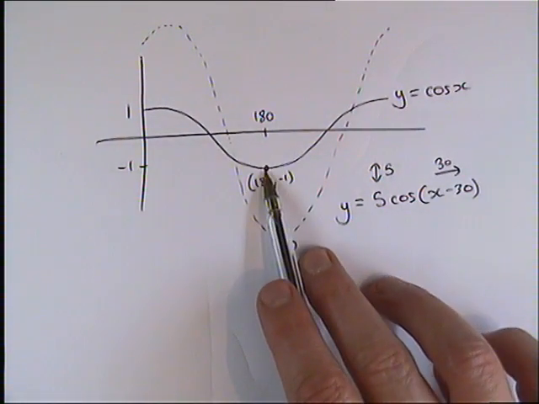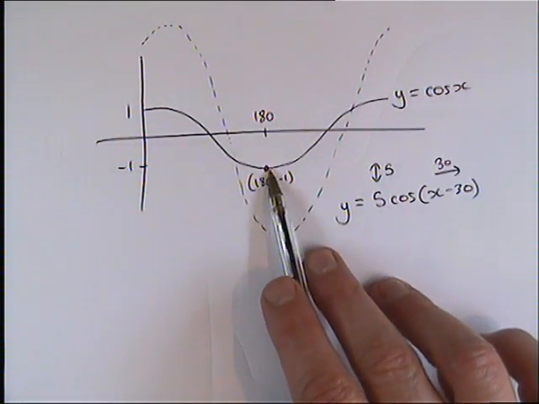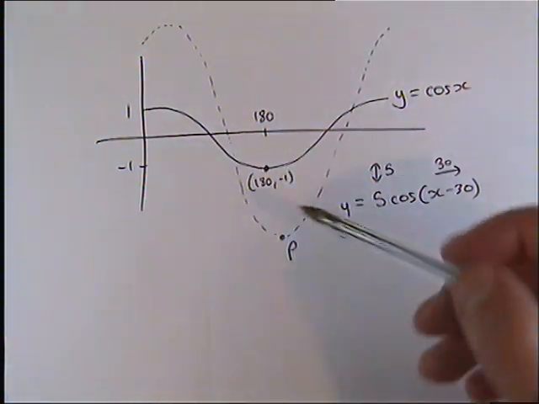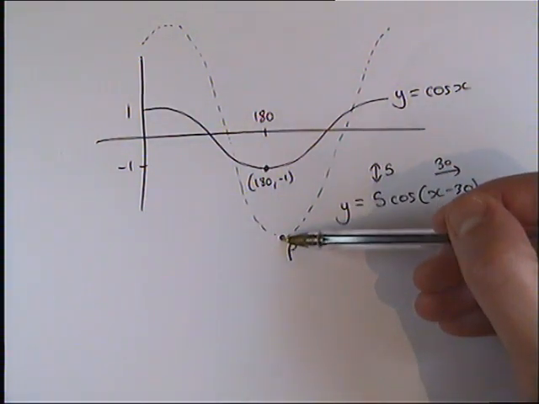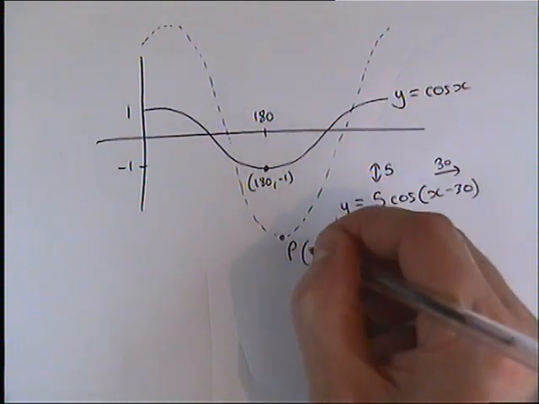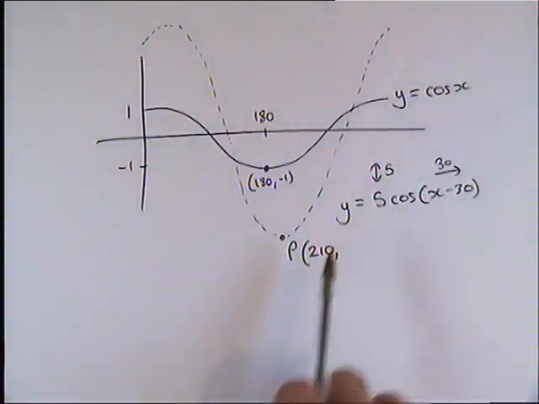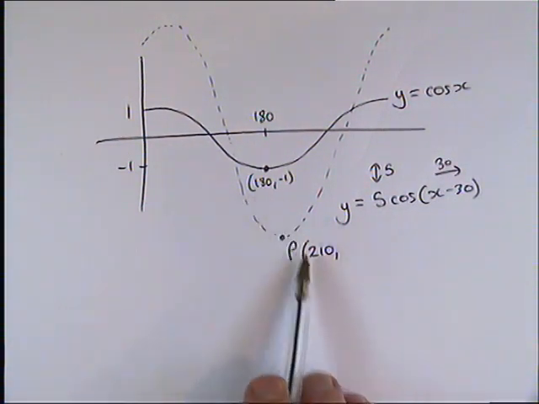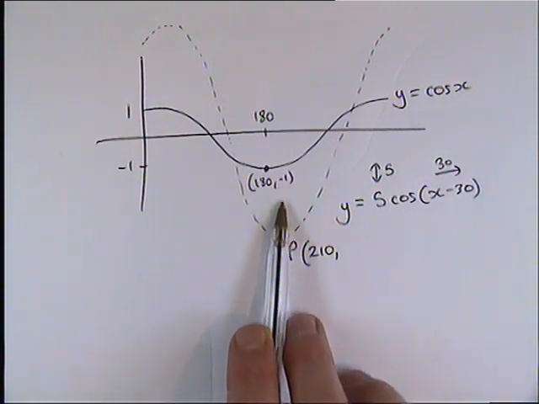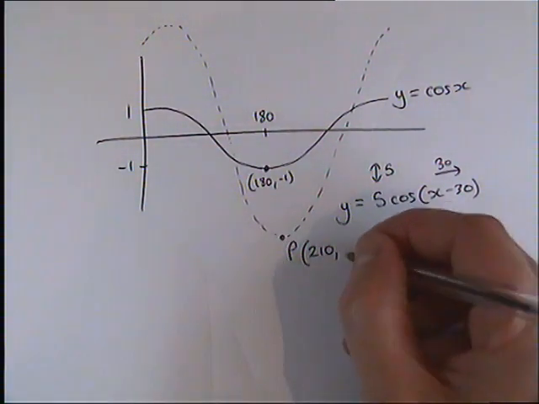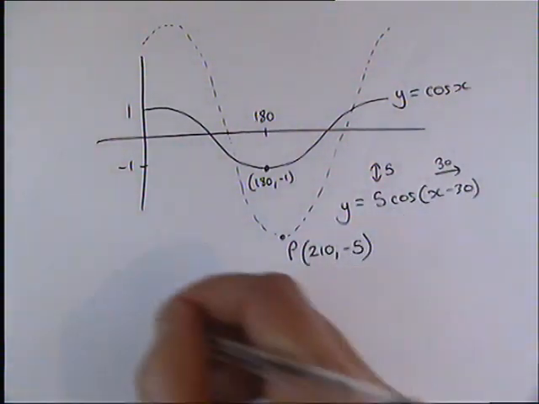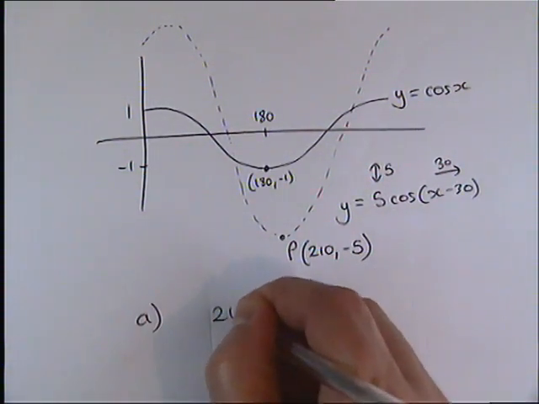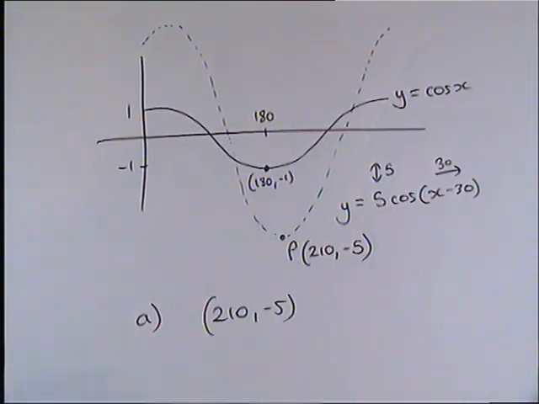So the same is true of this point. It will have been moved 30 to the right and stretched 5 times downwards. So I think 210 for the x-coordinate, remember that is 30 to the right, and then 5 times further down, so −1 times 5, −5. The answer for part A is (210, −5).